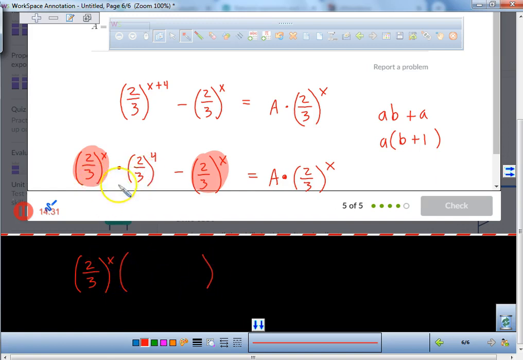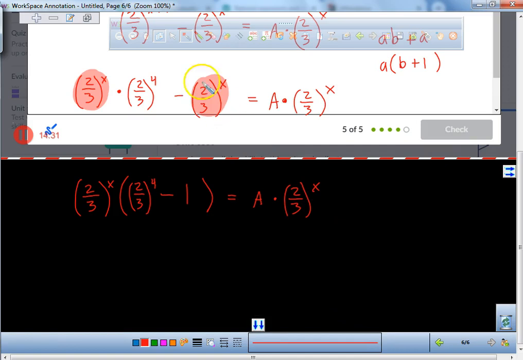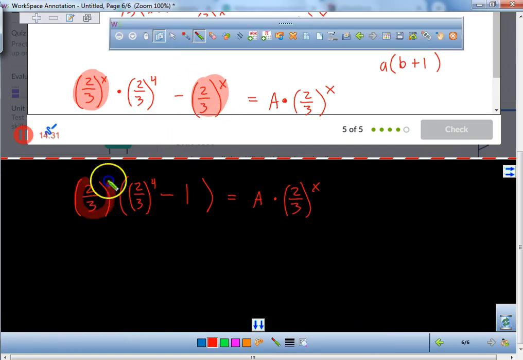So if I factor it out, I'm left with 2/3 to the power of 4 minus, if I factor this out, I'm left with a 1. And that's all equal to a times 2/3 to the power of x. Now, I want you to see what matches. Now we have this on this side of the equal sign, and we have it on the other side of the equal sign.